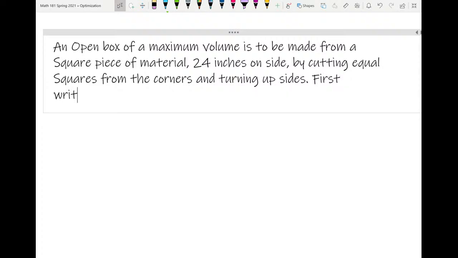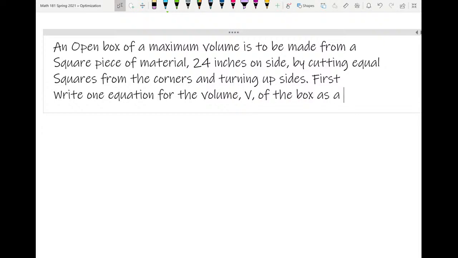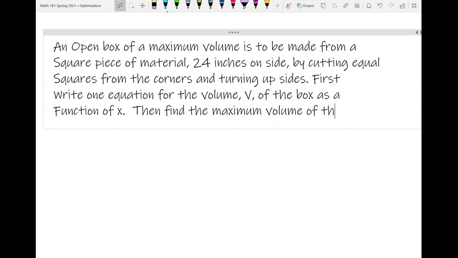First, write one equation for the volume V of the box as a function of x. Then find the maximum volume of the box.